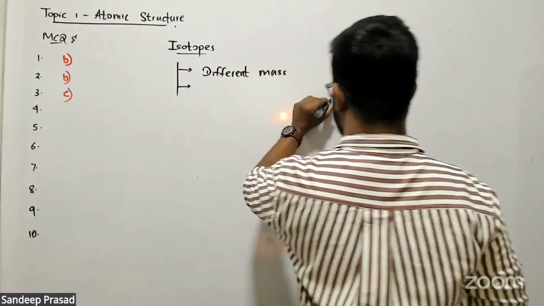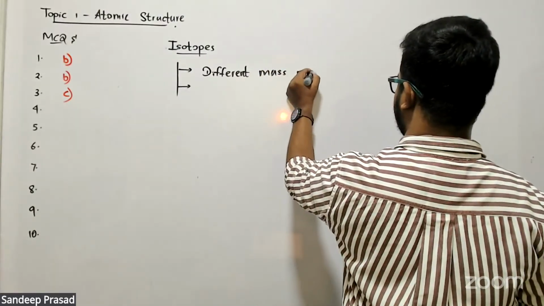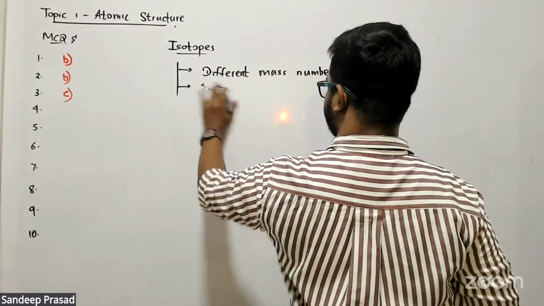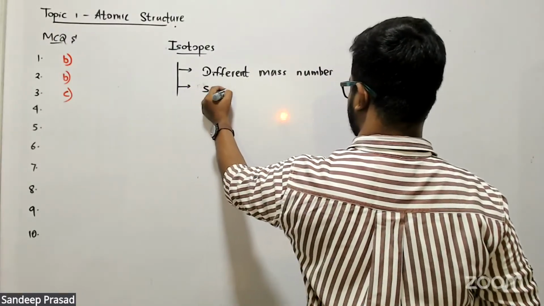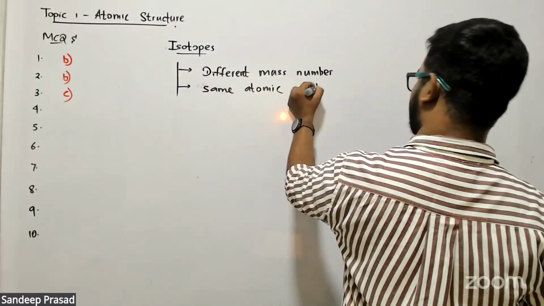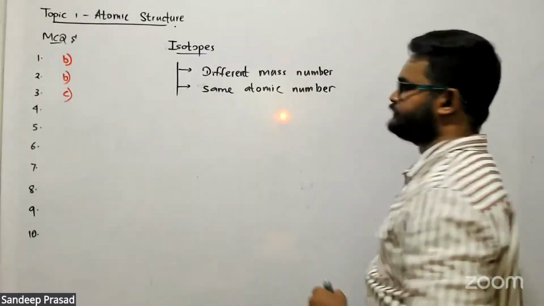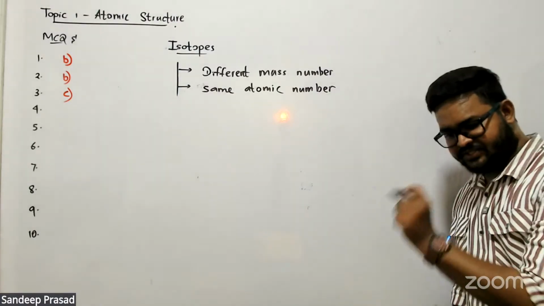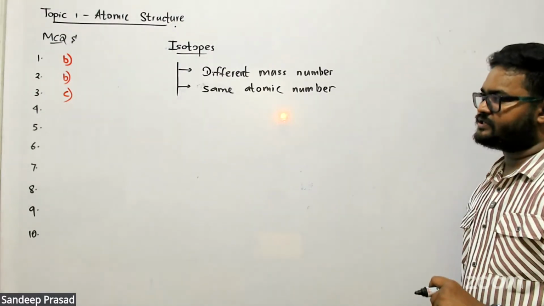The atoms of elements having different mass number but same atomic number are known as isotopes. Okay. So how is the mass number changing?